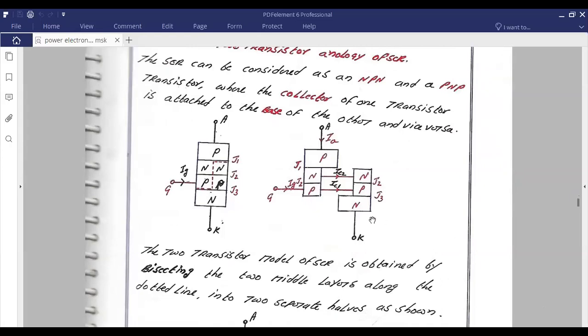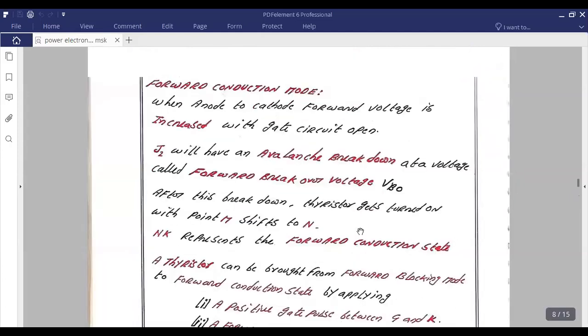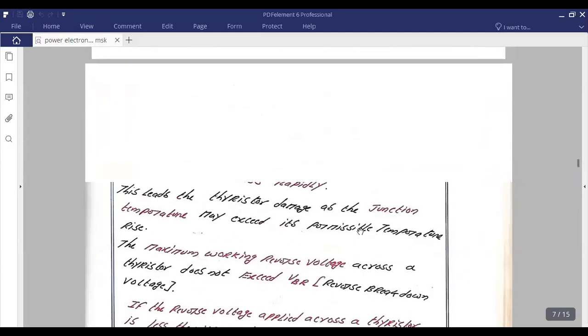Is there any doubt related to these characteristics here?